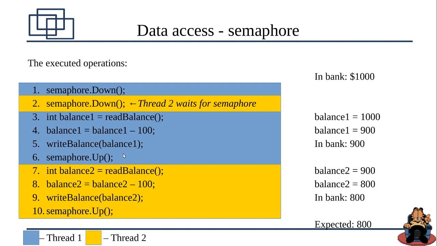Finally, when thread 1 is done, it sets the semaphore up and finishes running. When you put a semaphore up, it automatically informs thread 2 that the semaphore is up. Therefore, thread 2 will put the semaphore down, and it will continue its execution.